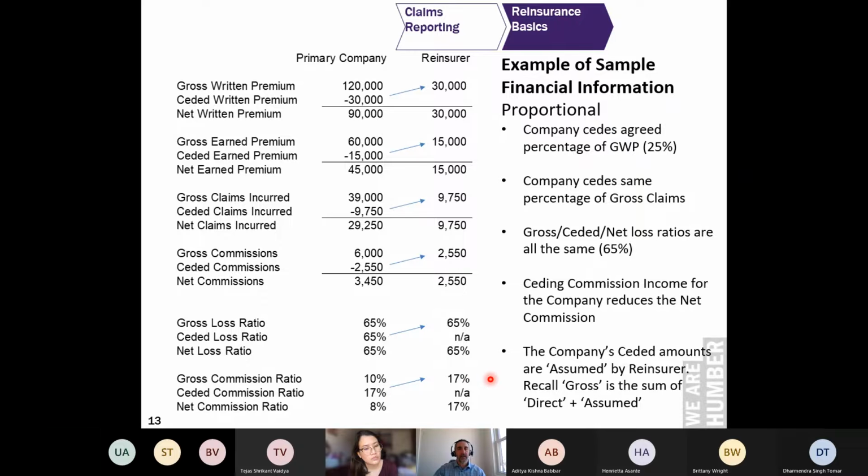Because the reinsurer would have less costs to underwrite to issue the policy. They wouldn't have to pay the premium tax because only the direct premium pays the premium tax. So that's how the insurance company collects all their expenses. Okay.